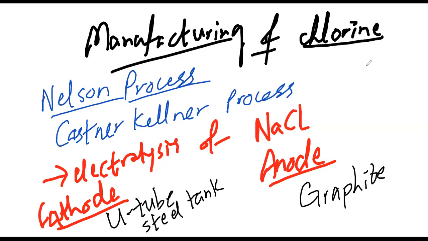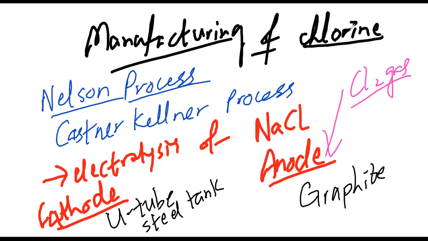In the Nelson process, we use an aqueous solution of NaCl, sodium chloride. It is electrolyzed and produces chlorine gas, Cl2, at the anode. At the cathode, sodium, Na, is formed.